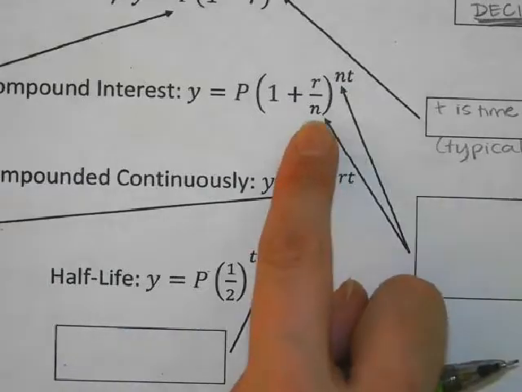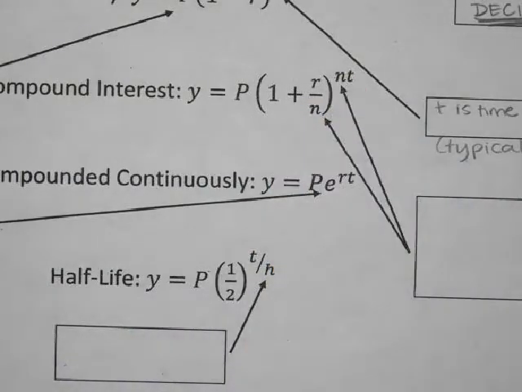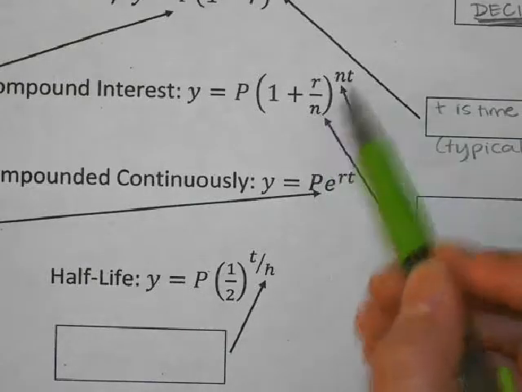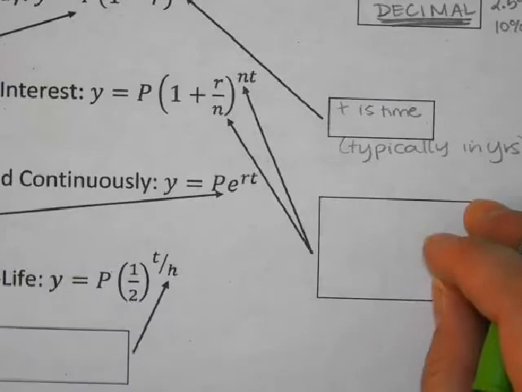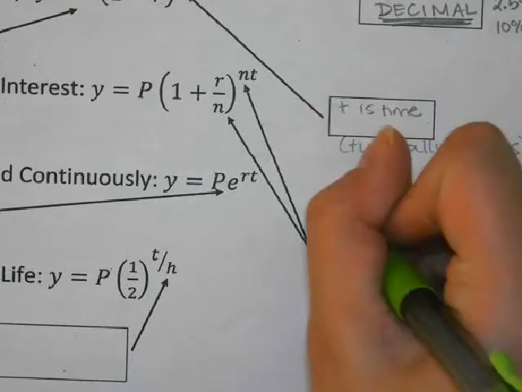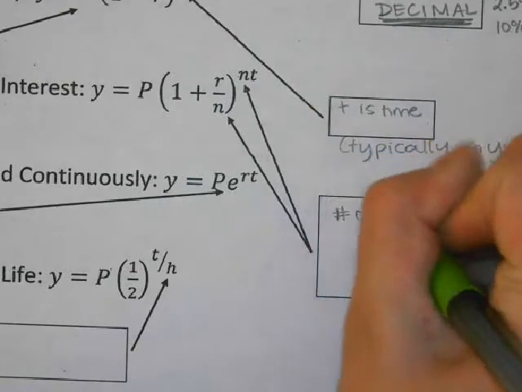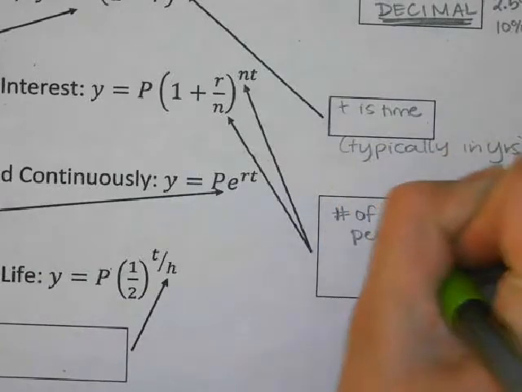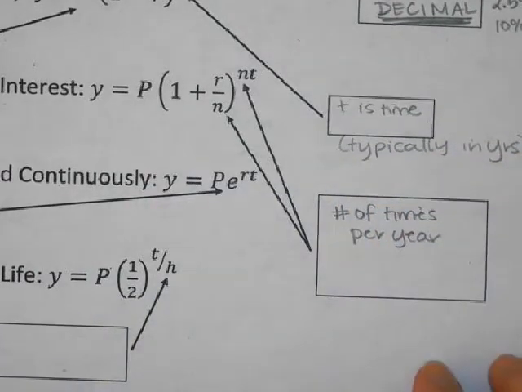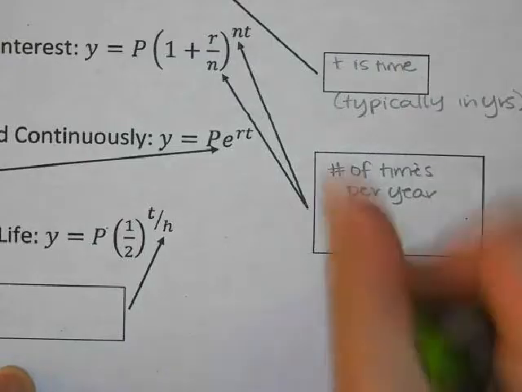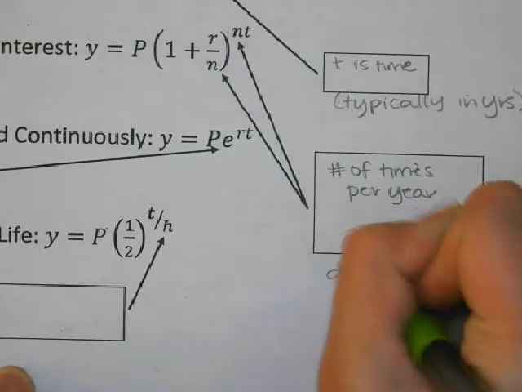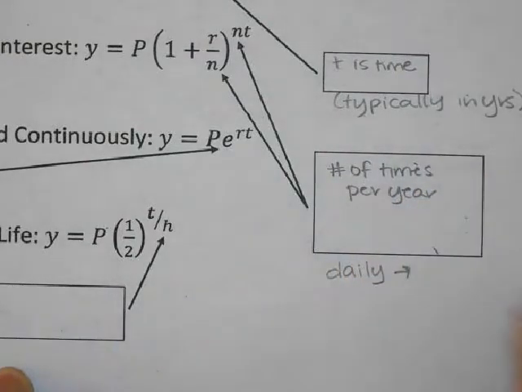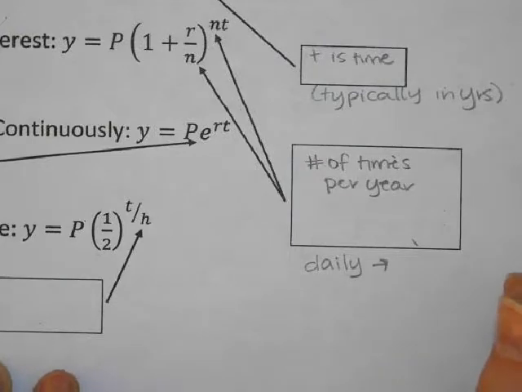The N value, you can see it in 2 places. N only shows up in one of the equations, but it shows up in 2 places in that equation. And the N means number of times per year. So if they said daily, how many times per year is that? 365.